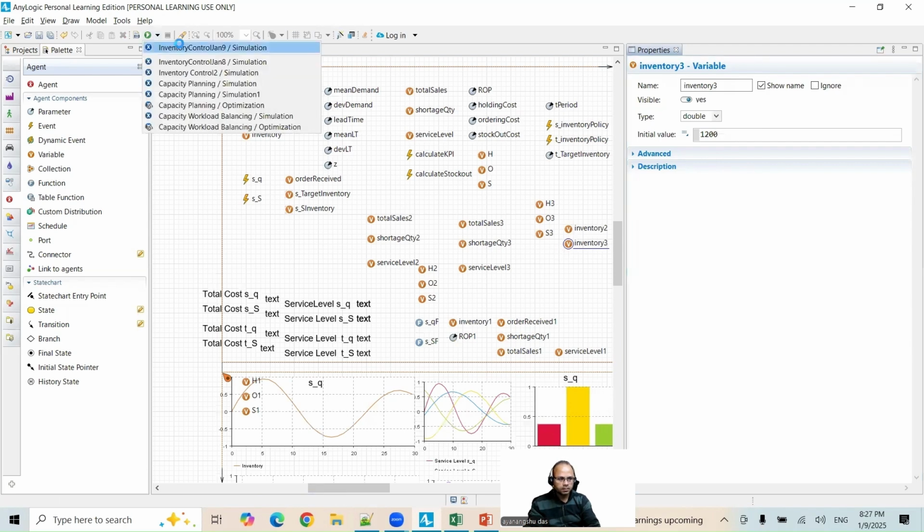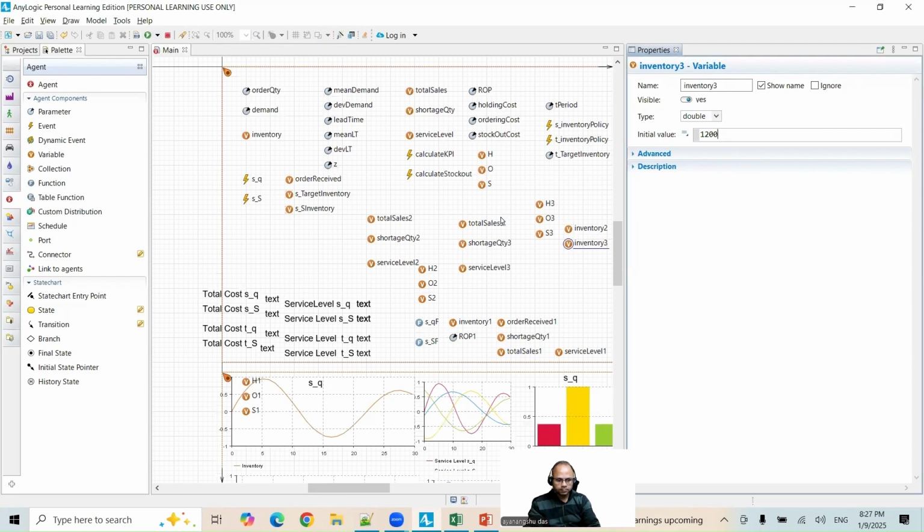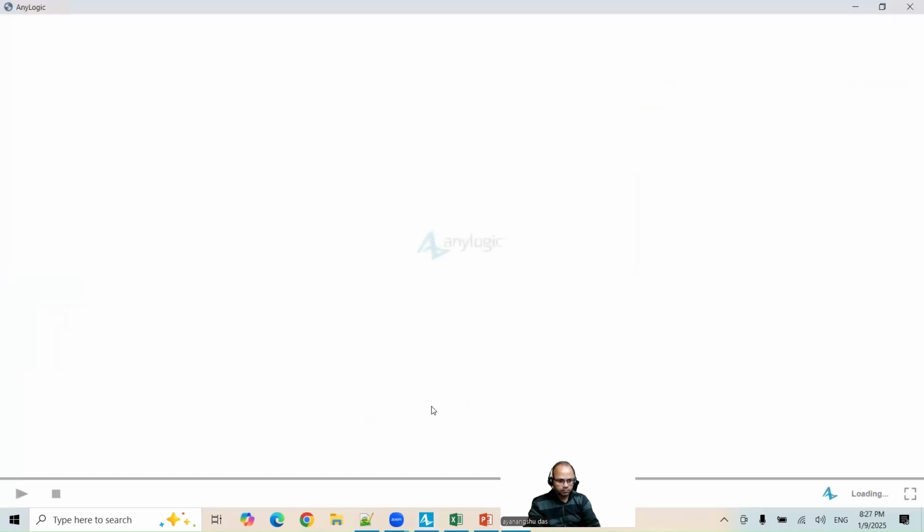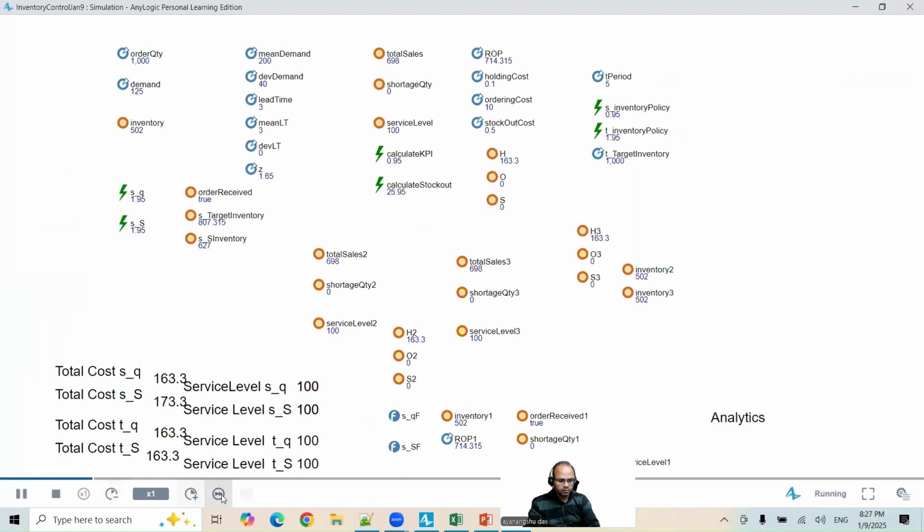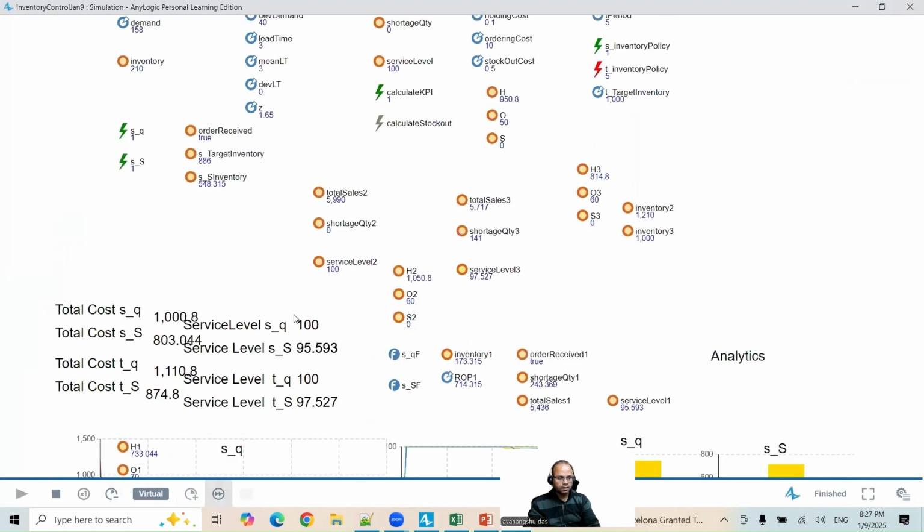So let's see what the output is with this configuration. We see that the S policy has slightly lower costs with a fixed quantity and higher service level. The T policy with fixed quantity has higher cost with the same service level.